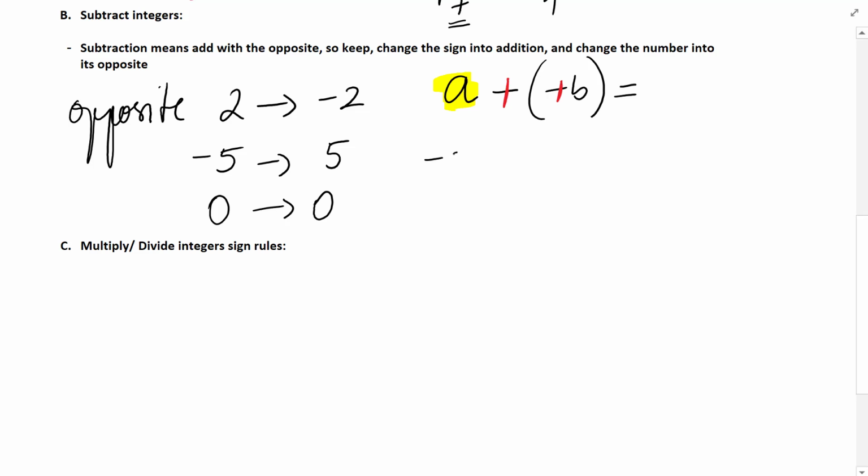So -3 minus -4, it's actually -3 plus +4, and now we just have an addition problem, which means subtract the numbers because they have different signs, right? Here I have minus and here I have plus. So subtract the numbers. 4 minus 3 is 1, and copy the sign of the highest number, and between them it's 4.